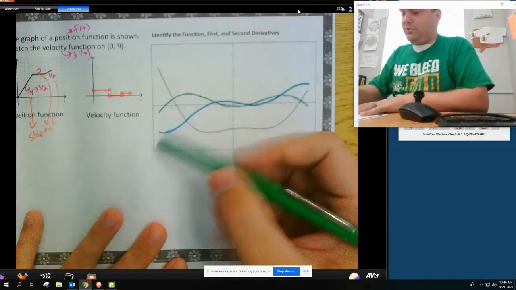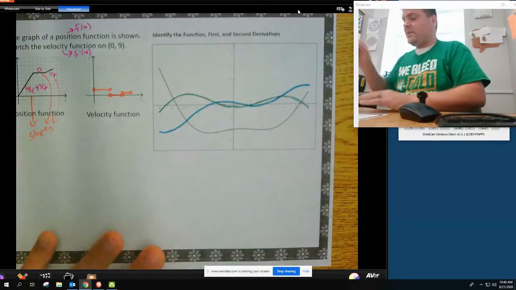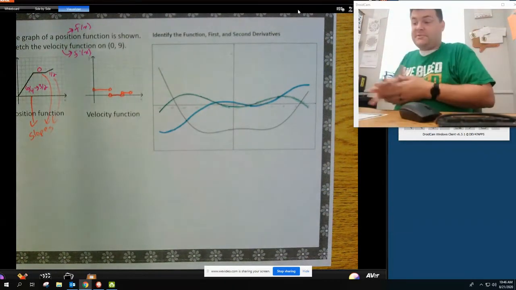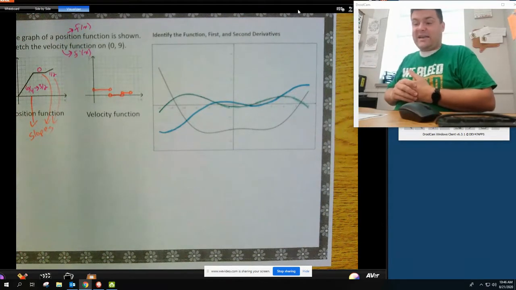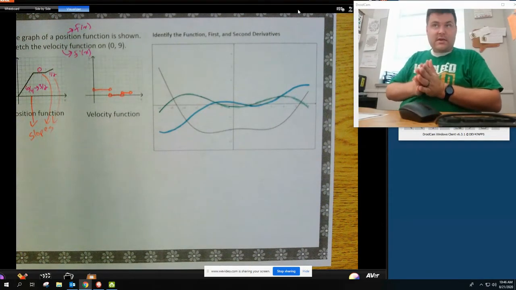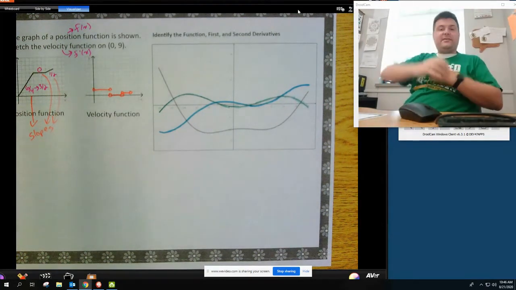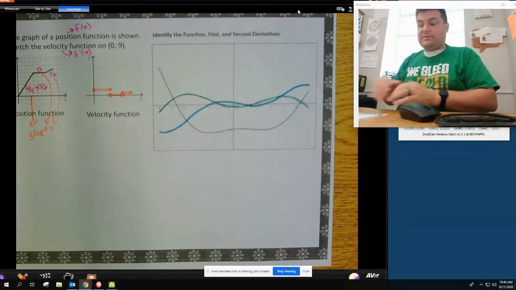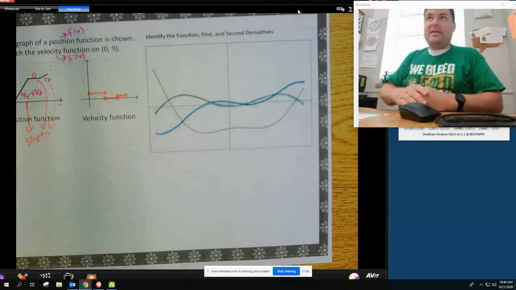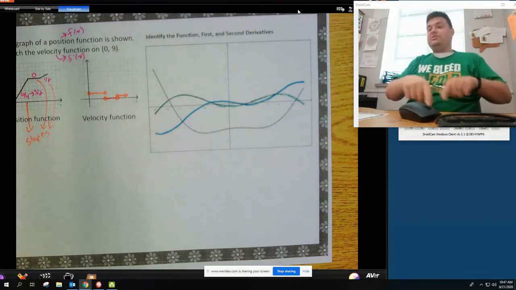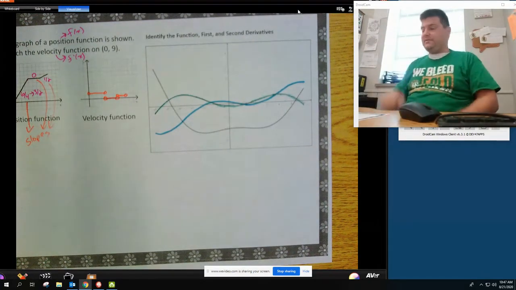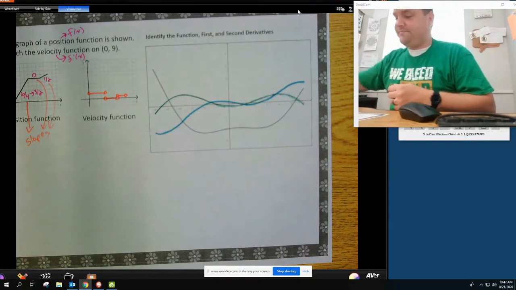So we have blue, we have green, and then we have gray. All right, so for these problems to figure out which one's which, the easiest thing to do is to find a 0 and then find some type of horizontal tangent that matches up with it. Because if we find a 0 and we find a horizontal tangent, then that 0 is the derivative of the horizontal tangent. You'll see what I mean here in a second.